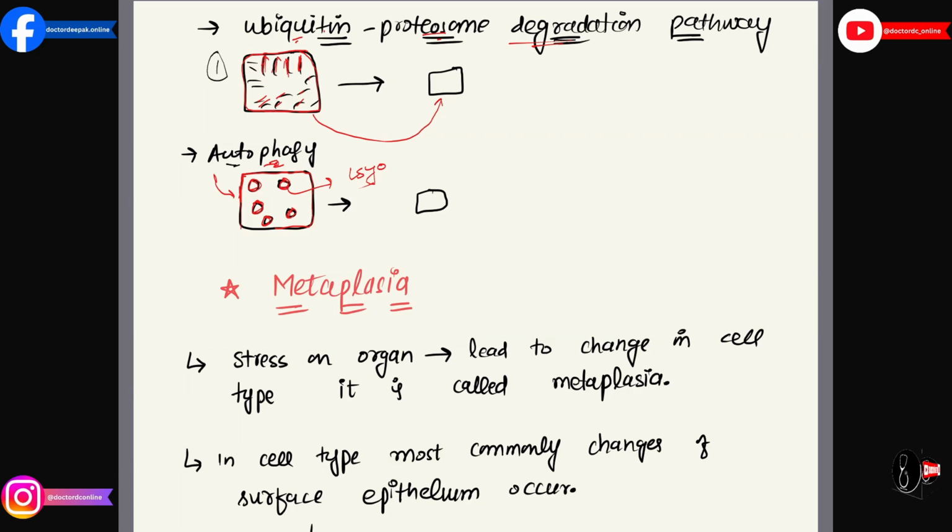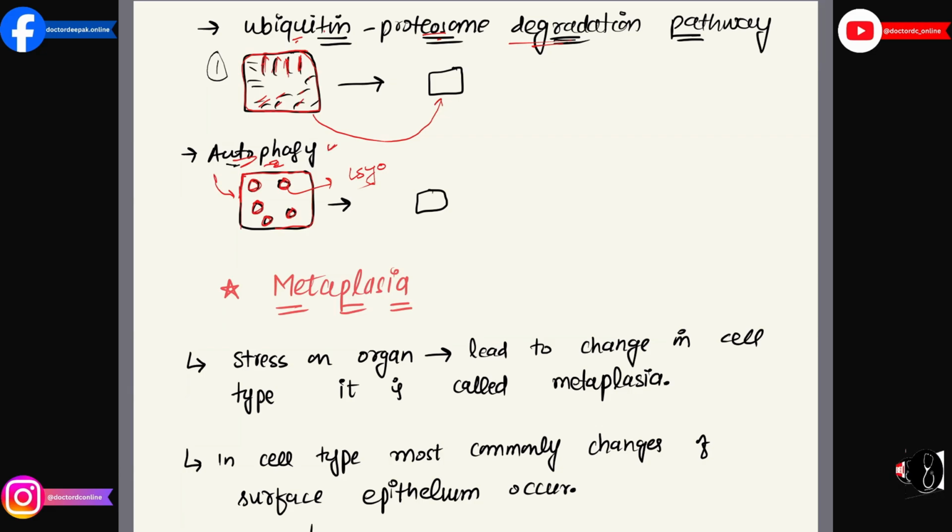So these vesicles will go into the lysosome, and the lysosomes will destroy these vesicles, and this is called autophagy. Basically, autophagy is a process in which a cell undergoes vacuole formation, and these vacuoles fuse with the lysosome, and the lysosomes produce hydrolytic enzymes, and those hydrolytic enzymes destroy the cellular components. So this is the second process, which is called autophagy.